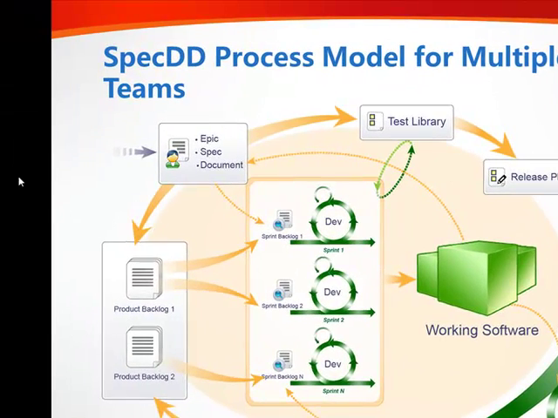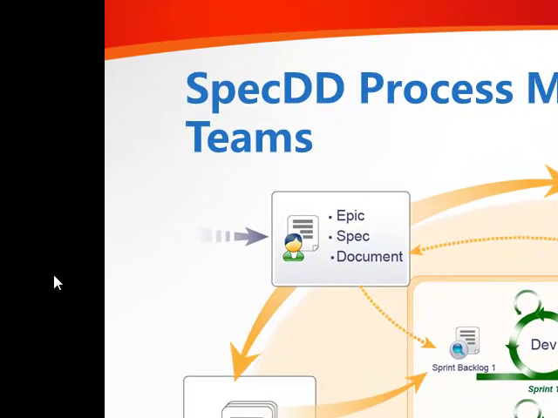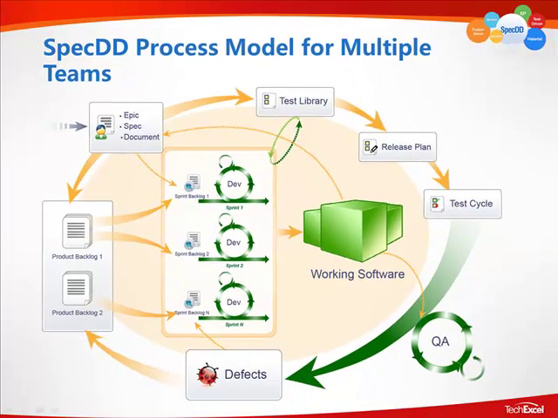Okay? So it's either a one-to-one or one-to-many ratio coming from product backlogs to development teams, never from many to one, never the reverse. Okay? So we scale in SpecDD by simply allowing more development teams to work on specific product backlogs across the globe.